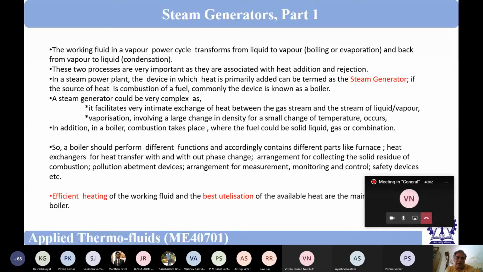Heat received by the boiler is used to raise the temperature of the feed water to saturation temperature corresponding to the boiler pressure. It is done in a part called the economizer. Then evaporation of the circulating fluid, it is called the evaporator. All these are in the boiler. Superheating of the saturated steam, it is the superheater.